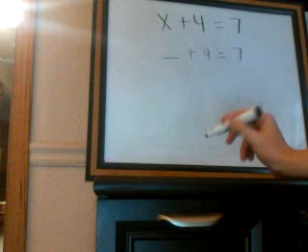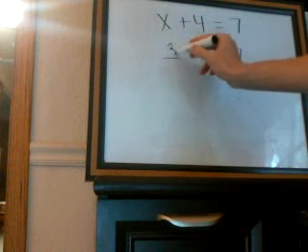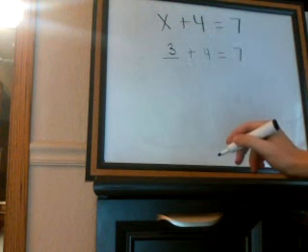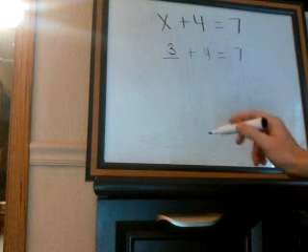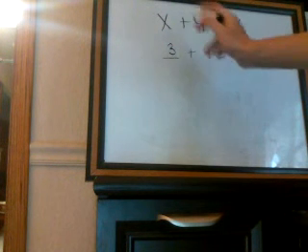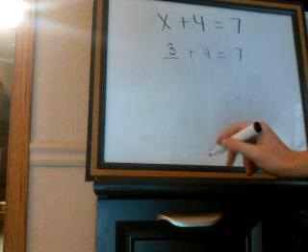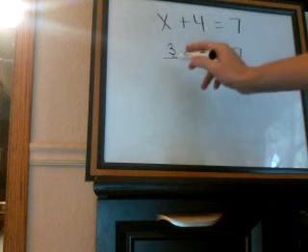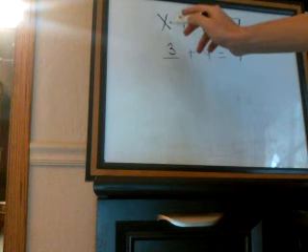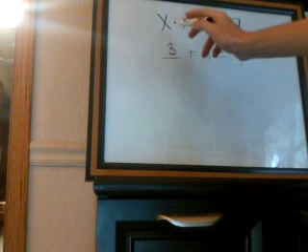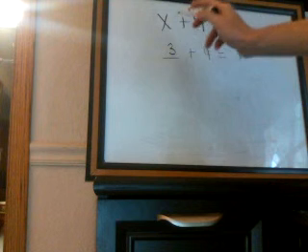And we know in this problem that the missing number is 3, because 3 plus 4 is equal to 7. The problem at the top that says x plus 4 is equal to 7 is really asking you the same thing. It's just instead of a blank, we have a letter that's standing for the missing number, and we have to fill in the missing number.